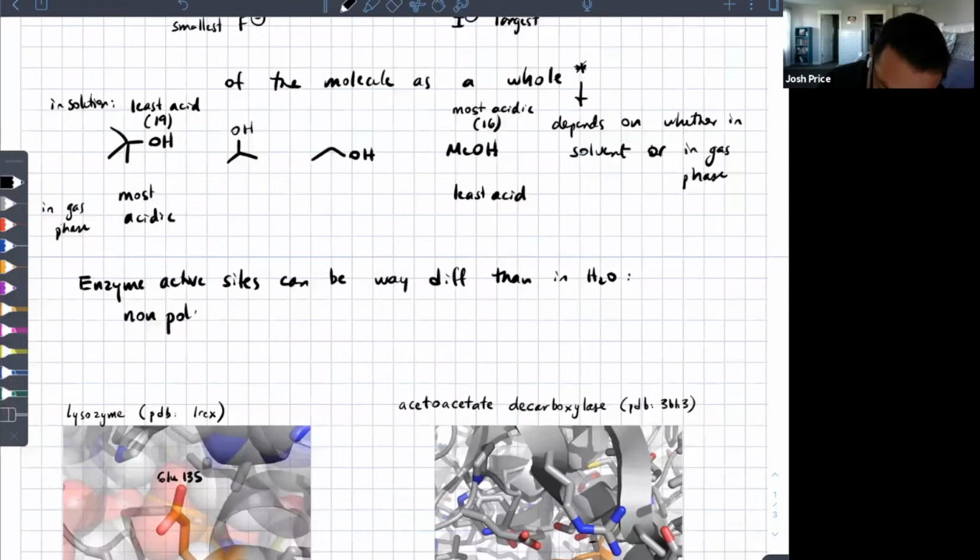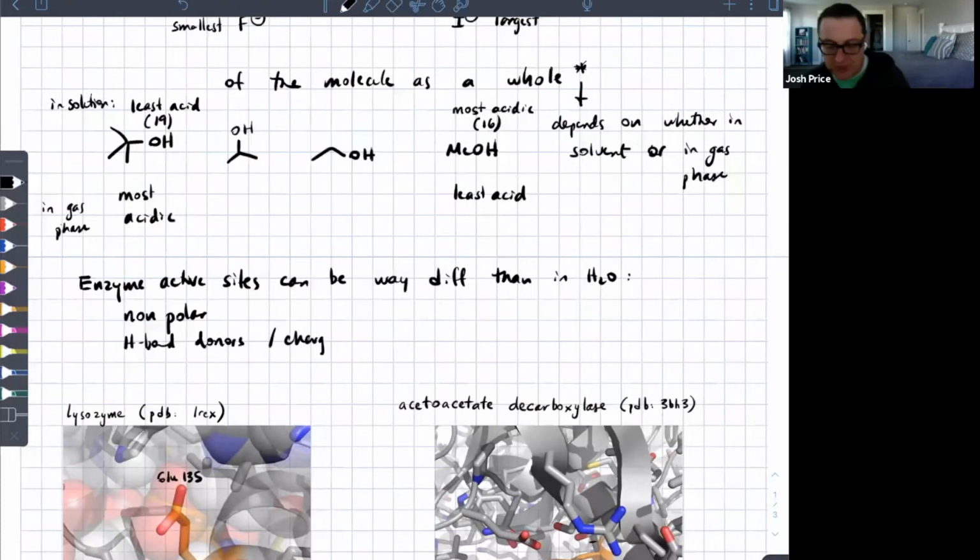Others have hydrogen bond donors and charges. You might imagine that in a nonpolar environment, a base might be stronger and the corresponding conjugate acid would be weaker. In contrast, if you have hydrogen bond donors present to help stabilize a conjugate base, perhaps an acid is stronger. Perhaps the conjugate base form is more stable.